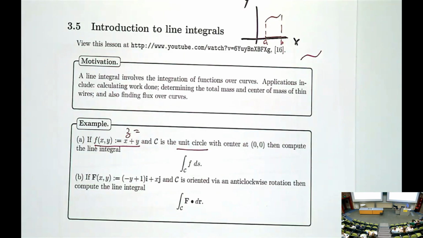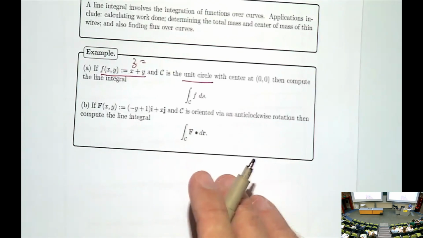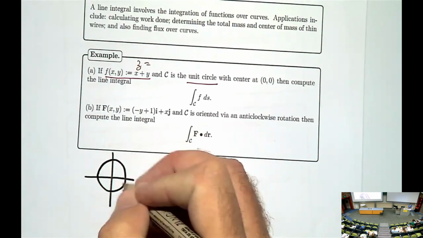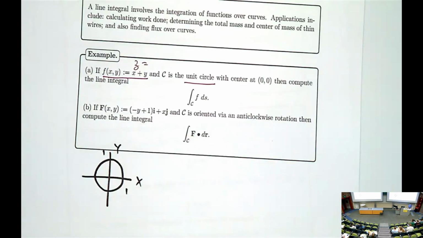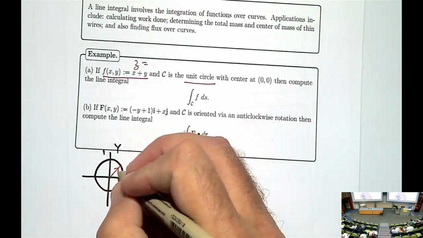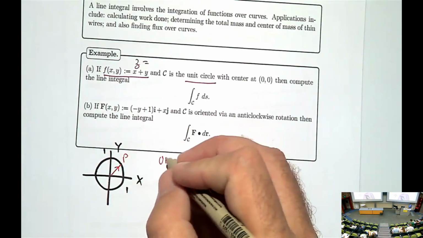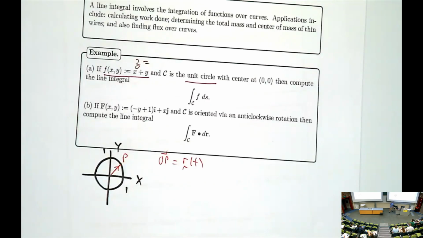Okay? So if I'm drawing a picture, which I like to do, I'd go something like this. To get onto that circle and move around, I'm going to have this parameterization, some vector function of one variable.